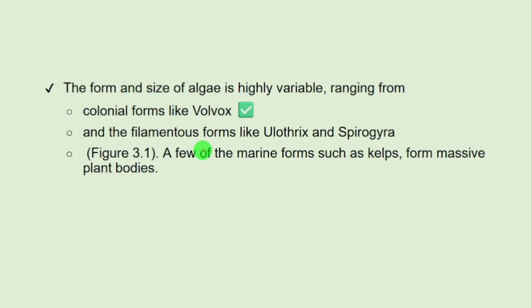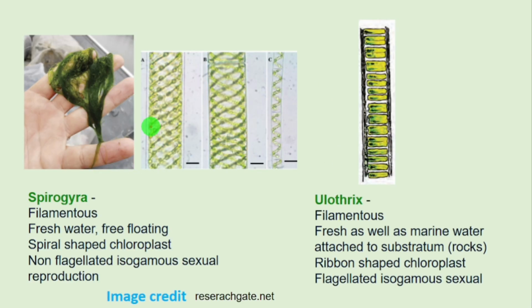Another form is filamentous. It is seen in Ulothrix and Spirogyra. So this is Spirogyra. It is called water silk. You can see the structure, and this is the microscopic view. Inside you can see spiral shaped chloroplast. Ulothrix on the other hand has ribbon shaped chloroplast.